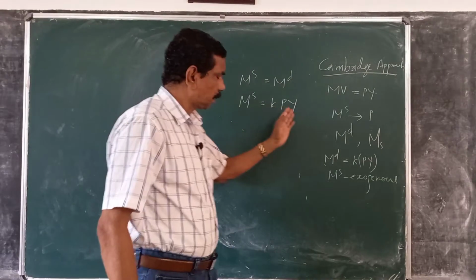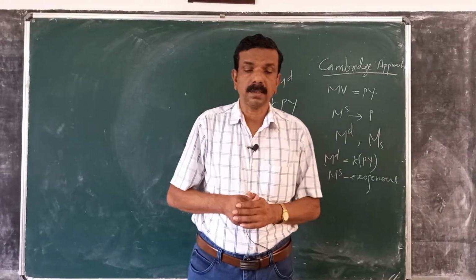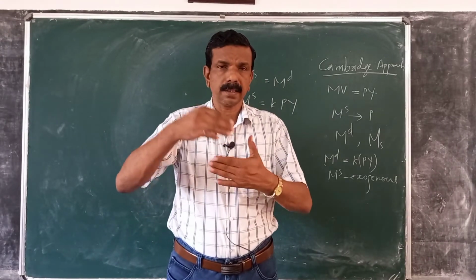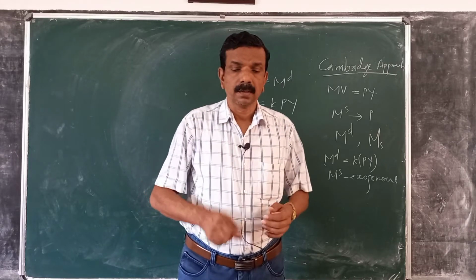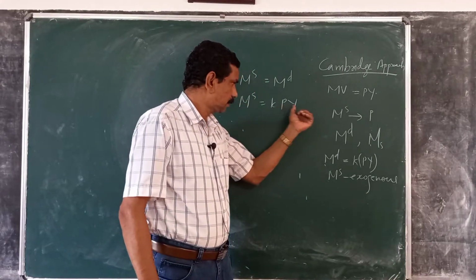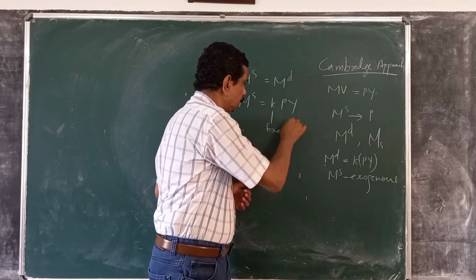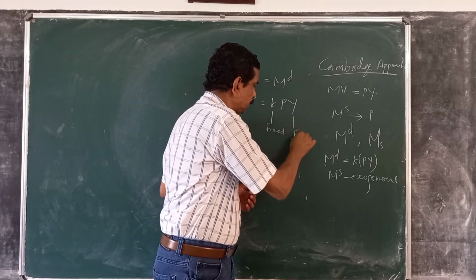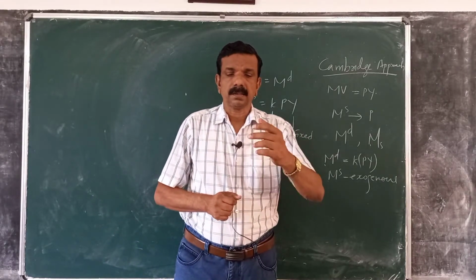Equilibrium in the money market requires that money supply MS is equal to demand for money, and K is assumed to be fixed in the short run. And Y is also fixed from supply side factors, as we have seen in the equation of exchange.